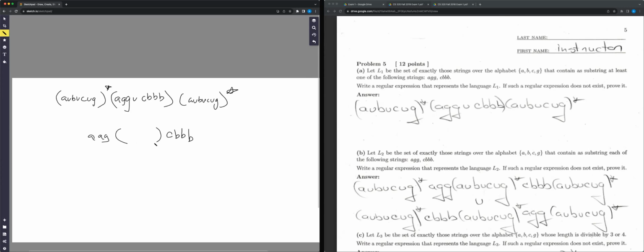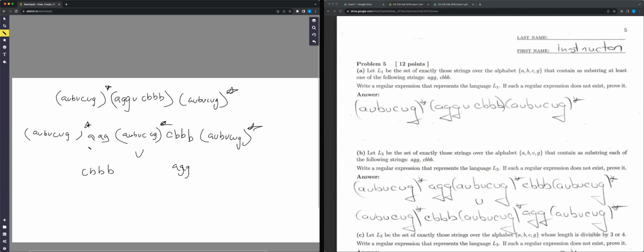They don't need to be next to each other, so we can say anything can come before it, anything in between both of them, and then anything after both of them. But it didn't say that AAG had to come before this, so that means also if CBBB came first, we need to take that into account.